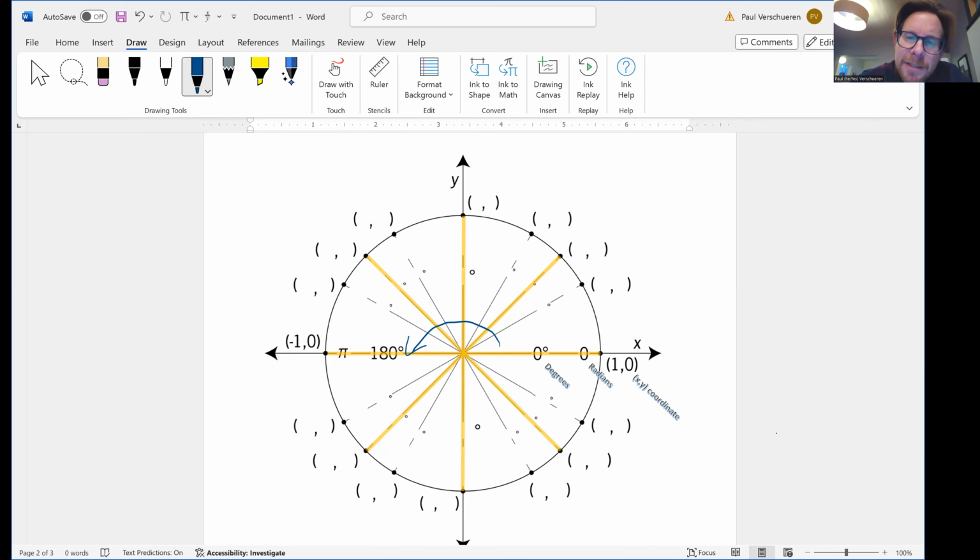Then we would say this is really just 1 pi over 4, 2 pi over 4, 3 pi over 4, and 4 pi over 4, which again also equals 1, just like 6 pi over 6 equals 1.